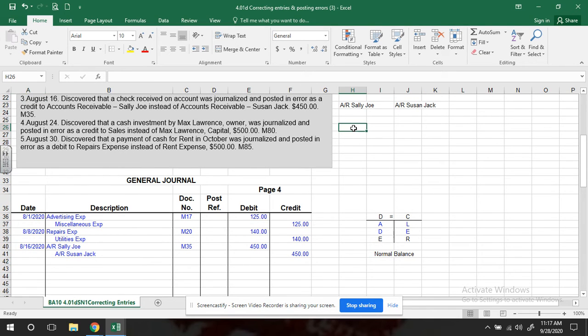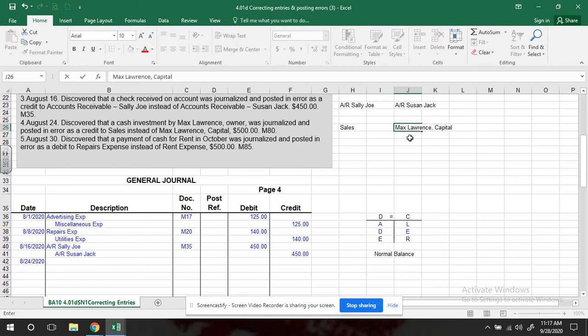Here on August 24th, discovered that a cash investment by Max Lawrence, owner, was journalized and posted as sales. So whoever did this put it in sales, but it should be in Max Lawrence Capital.